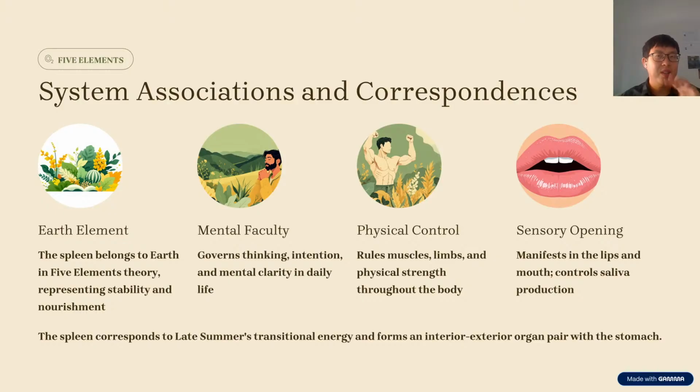So why does the spleen belong to soil? Because the spleen is like the soil of your whole body. The spleen controls the digestion system. Every day you eat food and it comes into your body, and your spleen, your digestion system, turns it into nutrition and supports your life activities. Without the digestion system, people die, right?